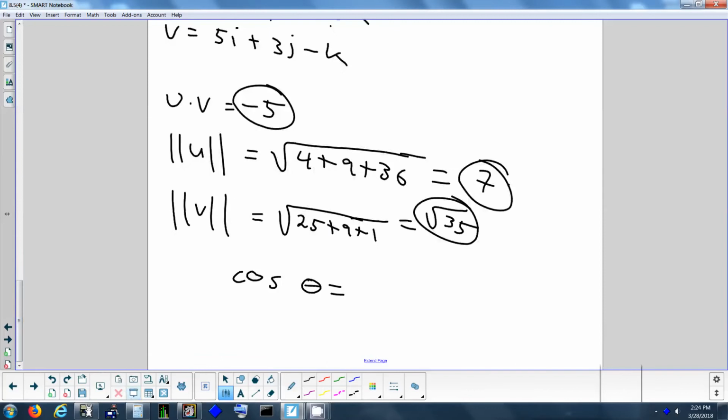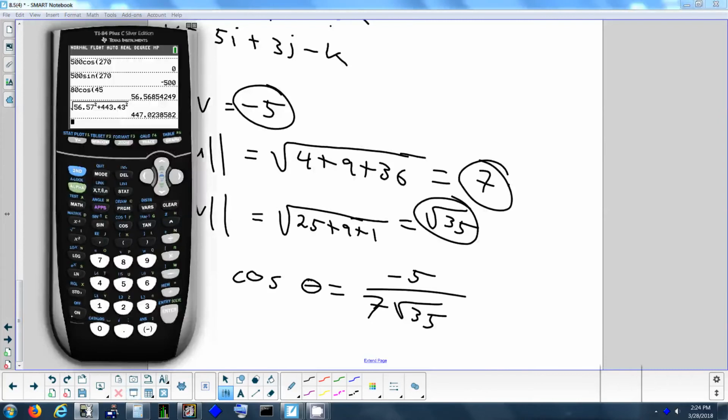Cosine of my angle is the dot product over the product of the magnitudes. To finish that up, what would be my last step? Yep. You take the inverse cosine. Inverse cosine of negative 5 divided by 7 square root of 35.